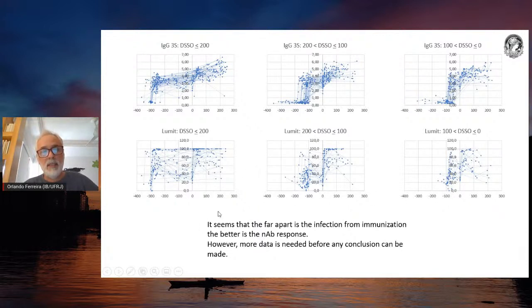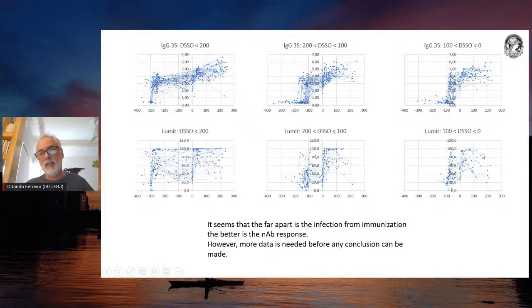It seems that the farther apart the infection is from the immunization, the better the neutralizing antibody response after immunization. Most individuals in the group that was infected far away from the immunization have maintained their level of neutralizing antibody.